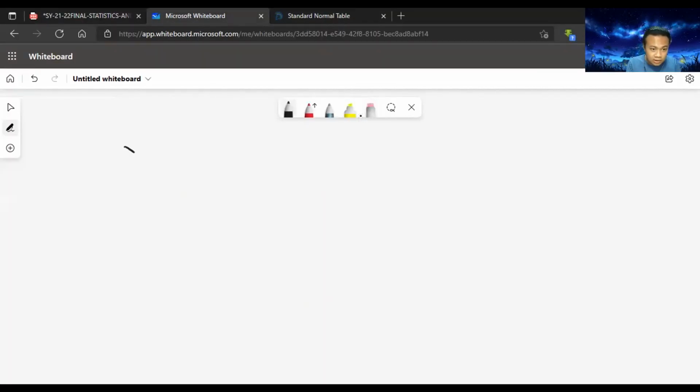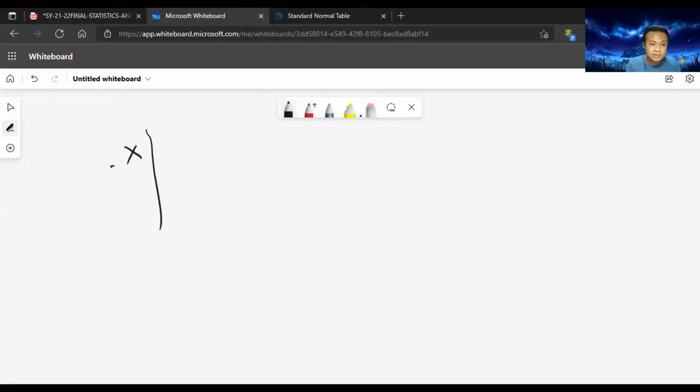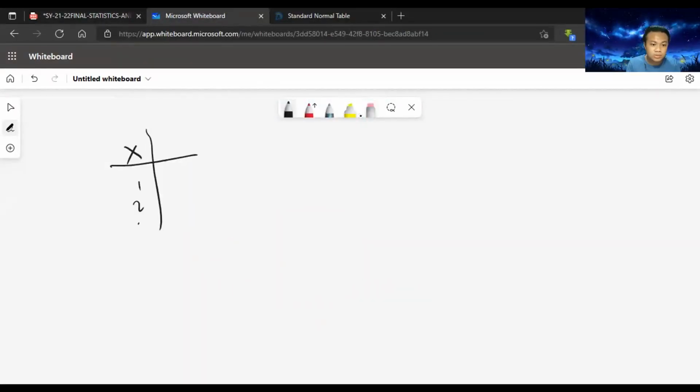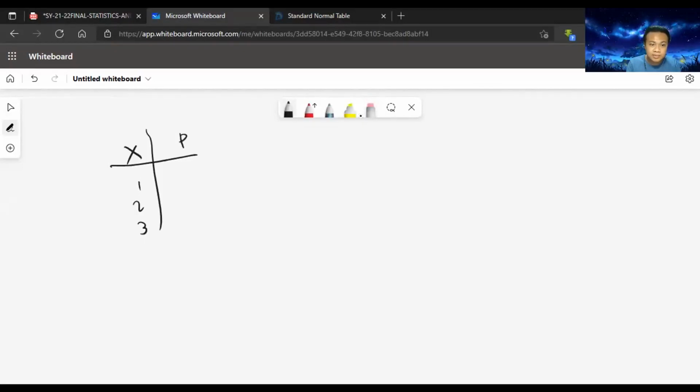List all the values of the random variable X, which are 1, 2, and 3. And then next, you have to list the probabilities, right? Then you can get the mean here.